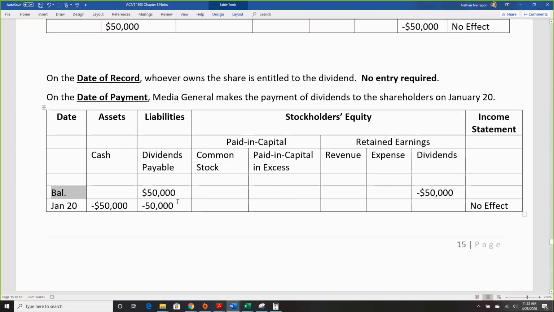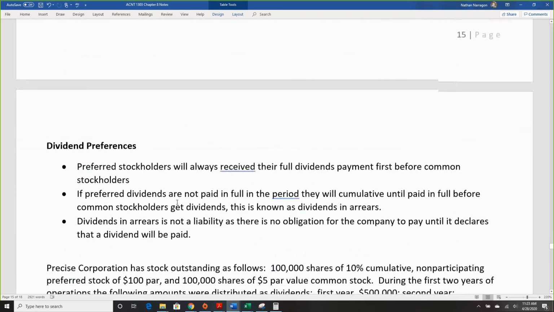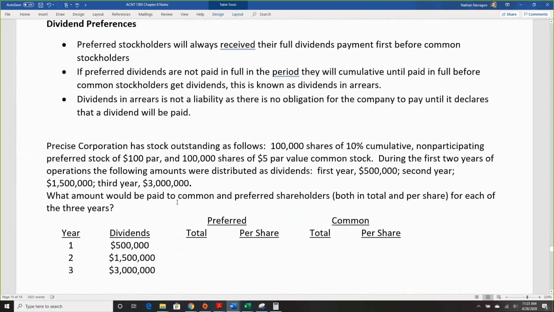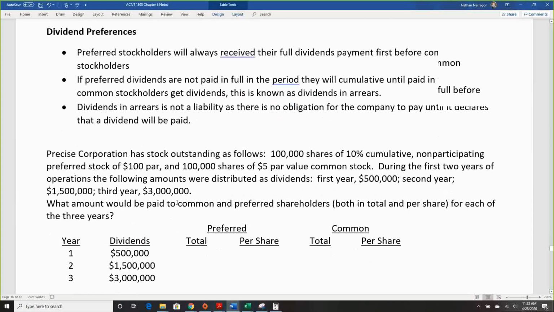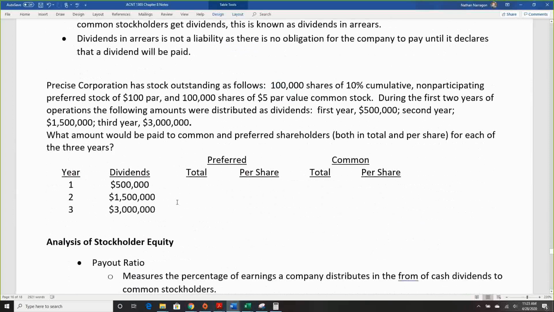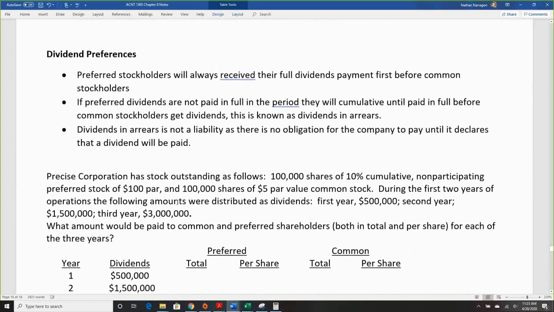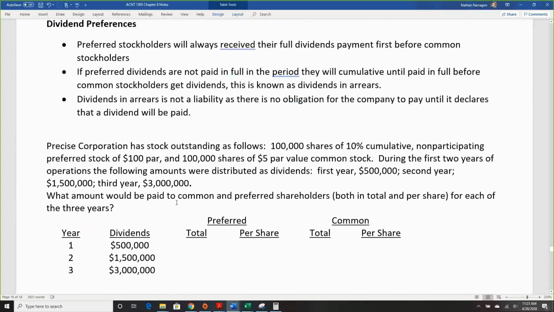On concepts. Now, they do talk about this. They haven't talked about them before, but they do talk about this. This is nice. Alright, so I'm going to show you this real quick. There are 2 types of stockholders out there.